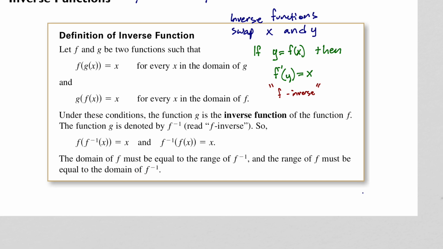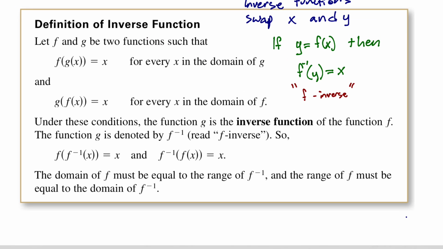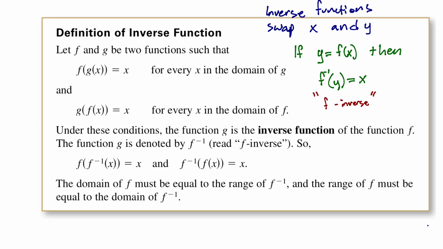All right. So they undo each other. The way we know that two functions are inverses of one another is if we compose them and we're just left with the input.